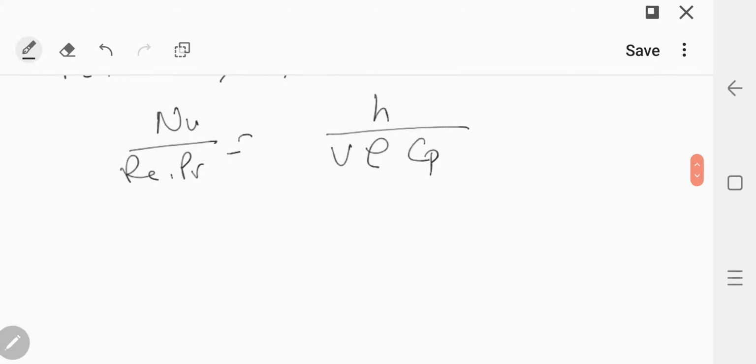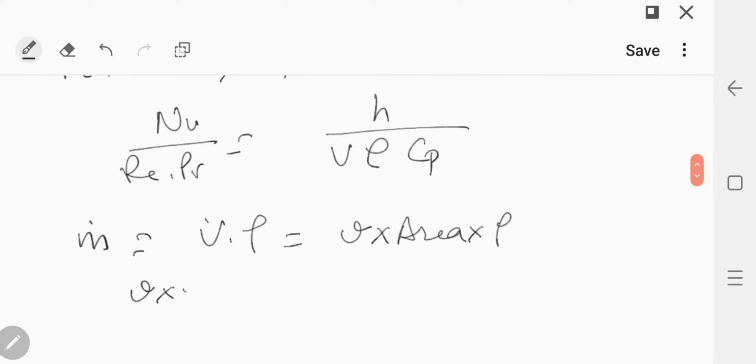Now, what is mass flow rate? Mass flow rate is volumetric flow rate into density. Now, volumetric flow rate can be written as velocity into area. Now, what will be velocity into density? That will be mass flow rate by the area, so that is mass flow rate by pi by 4 d square.